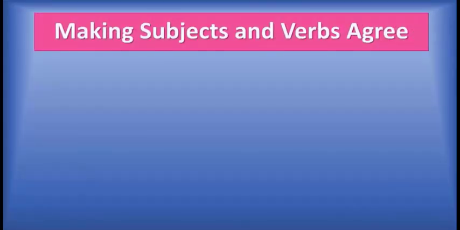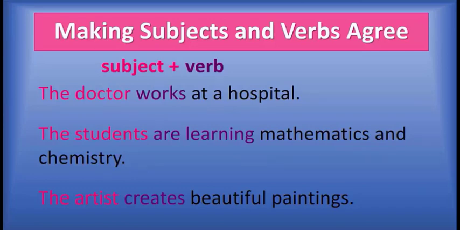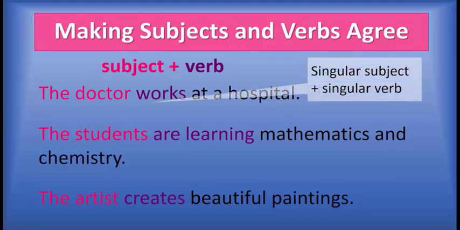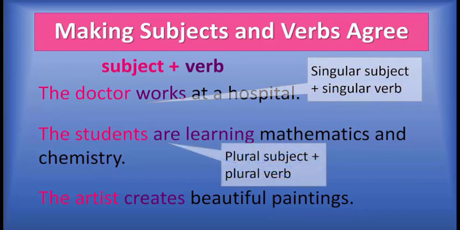The reason knowing whether a noun is countable or not is important is because it can affect which verb you choose. The subject, which is often a noun, needs to agree with the verb. What that means is when you have a singular subject, it must agree with a singular verb. When you have a plural subject, you must use a plural verb.